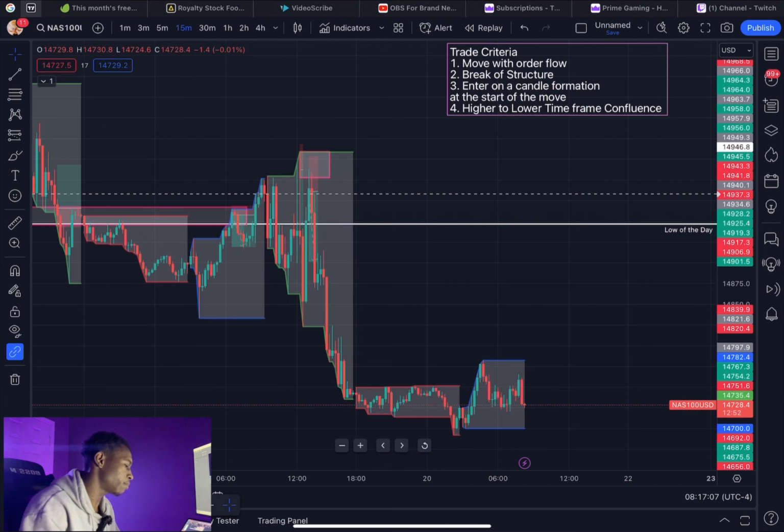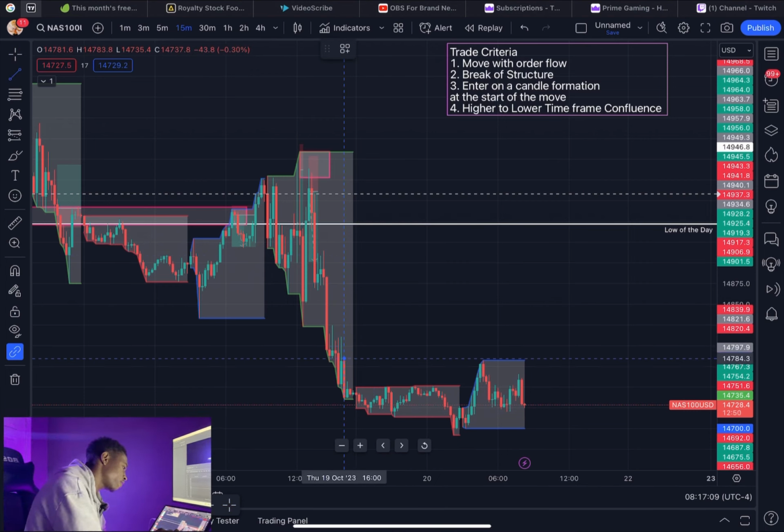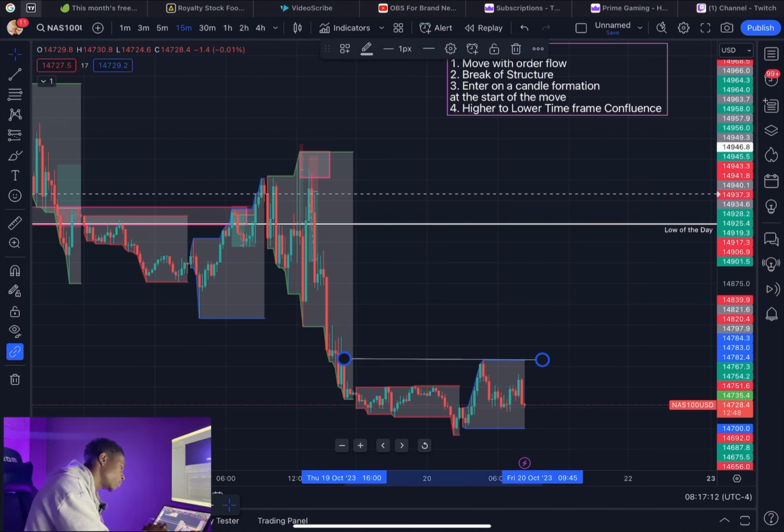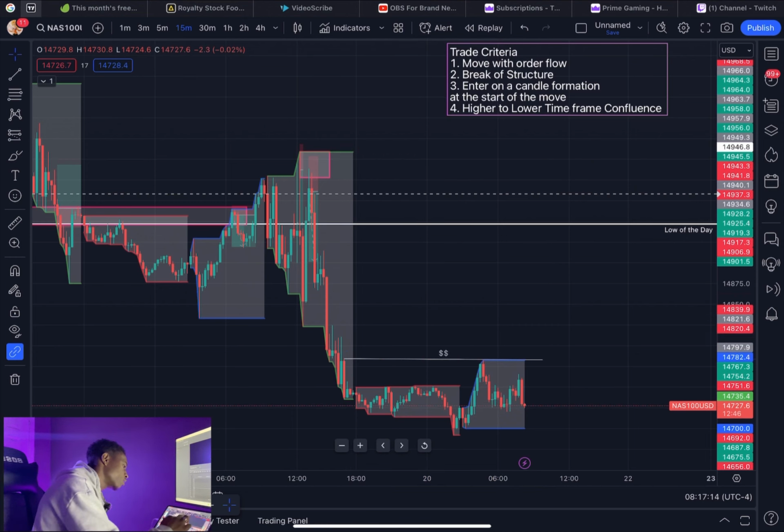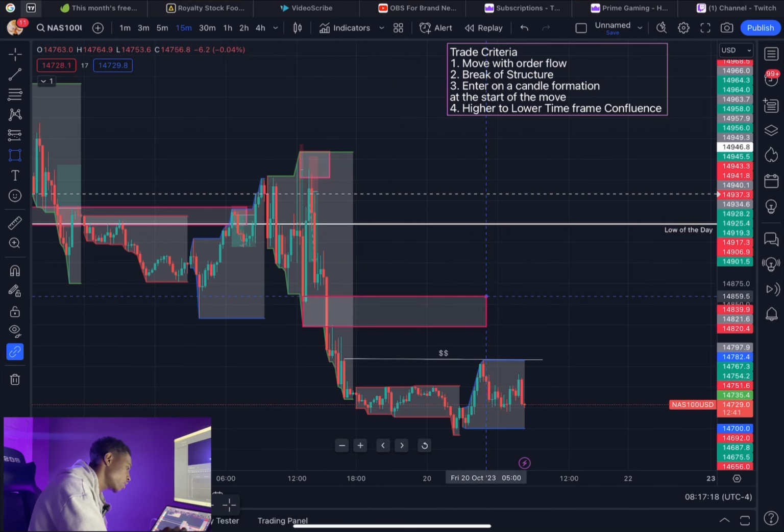The same thing as S&P: we definitely have equal highs right there that will be taken out. Equal highs right there, and then we have this area of imbalance right here.